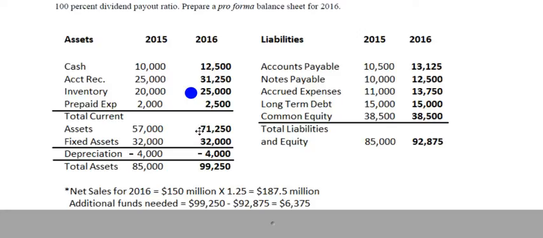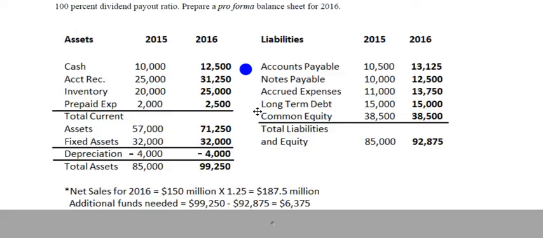We may want to decide after seeing this that we don't want to have quite this much cash on hand. That would make this smaller, so that it would start to balance out. But it would just depend a lot on what's actually going on in the company.